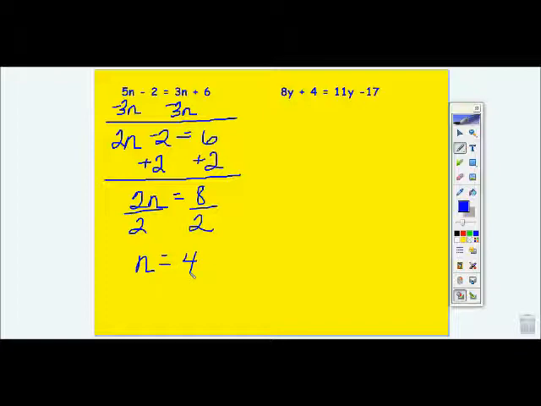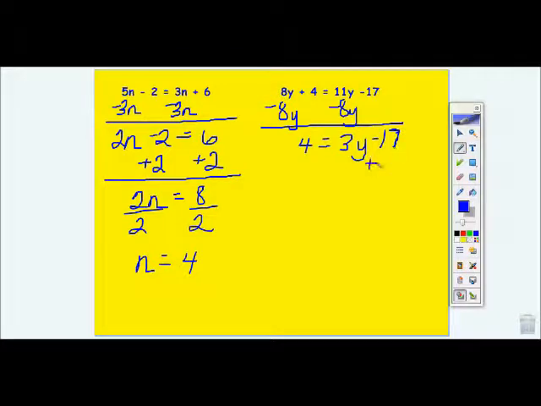Looking at the next one, which way are we going to move? We're going to move the variables first, and we're going to move them to the right-hand side, moving the one from the left to the right because that's the larger variable. I end up getting 4 equals 3y minus 17.